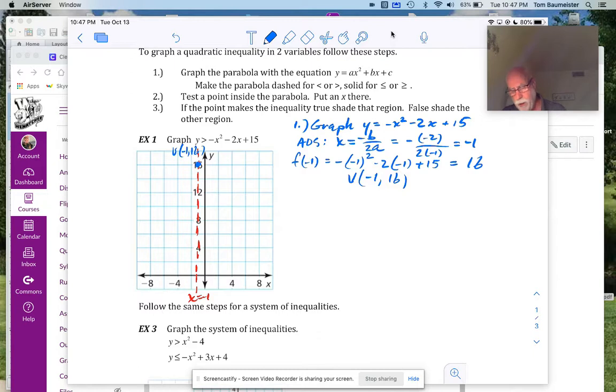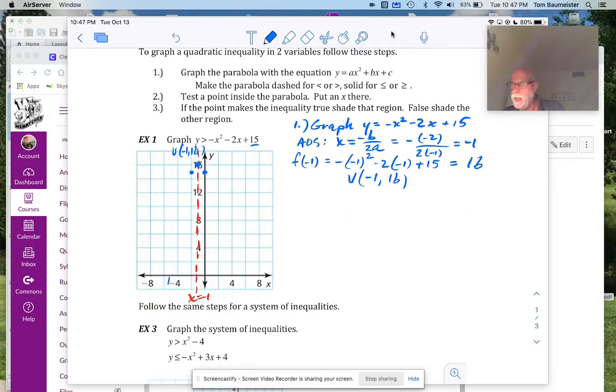Now remember, our y-intercept, when it's in standard form, is that c value. So at 0, it's going to be at 15. So I know it's going to be here. And by symmetry, I'll have another point here. So I know I'm going to have a parabola that goes up and down.